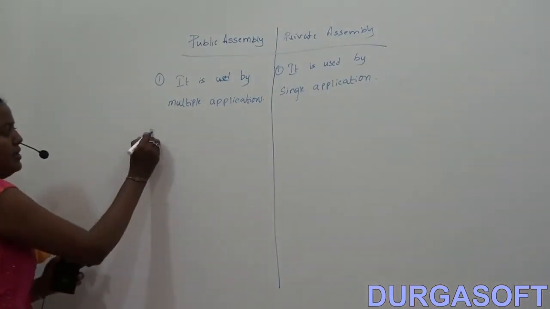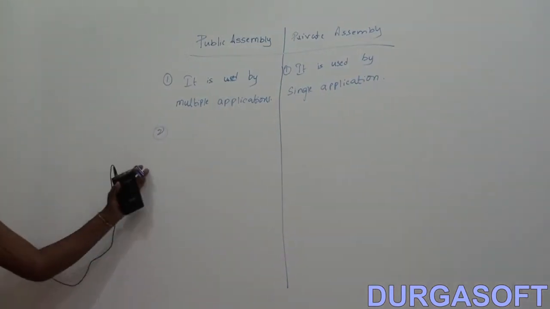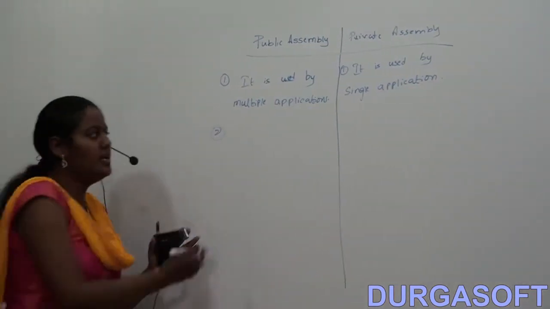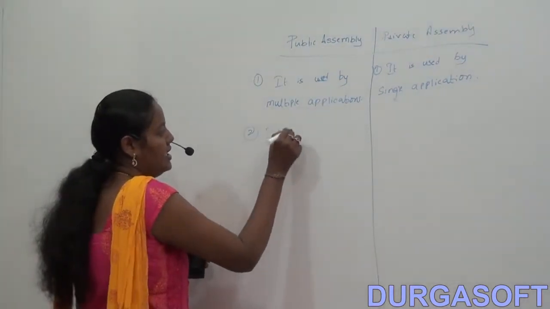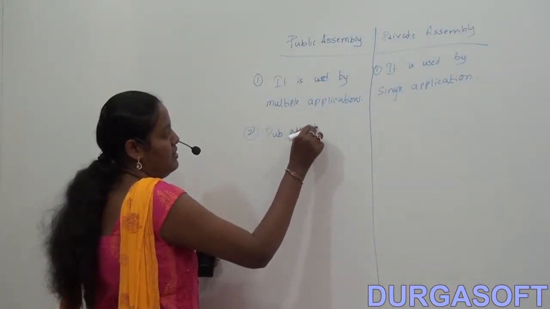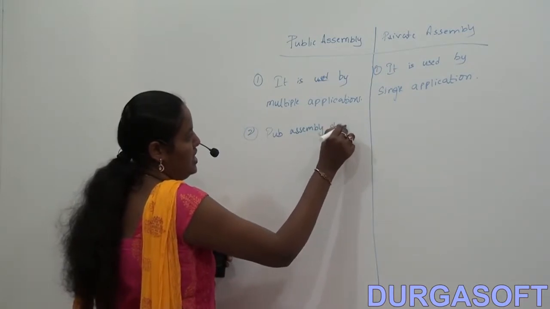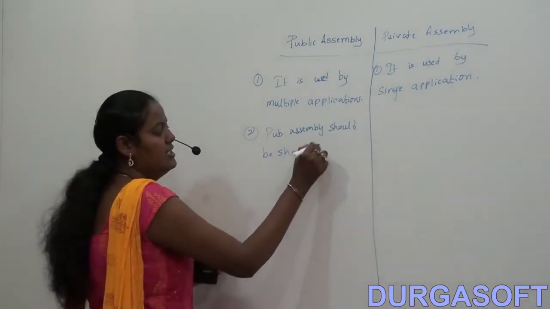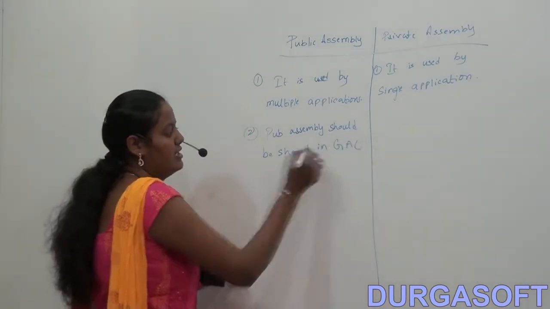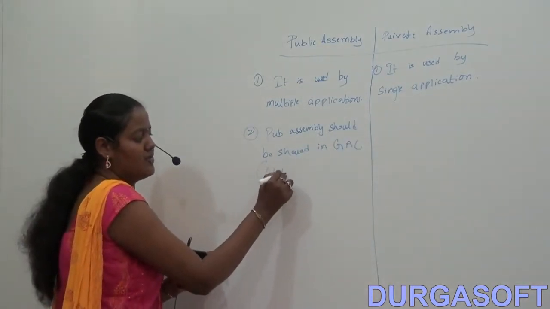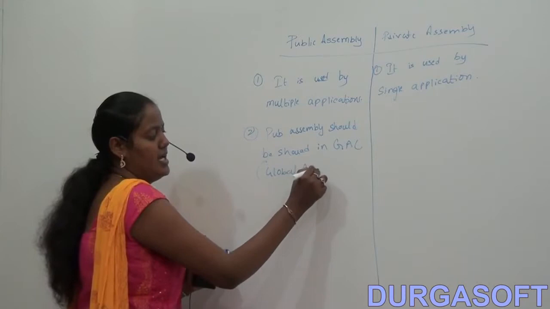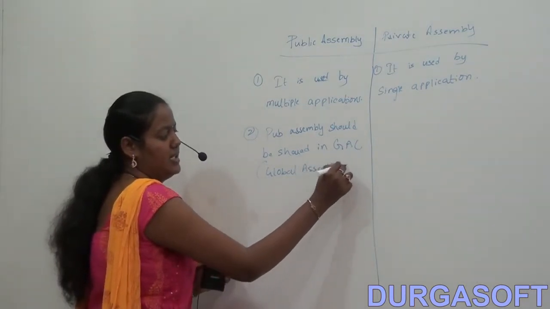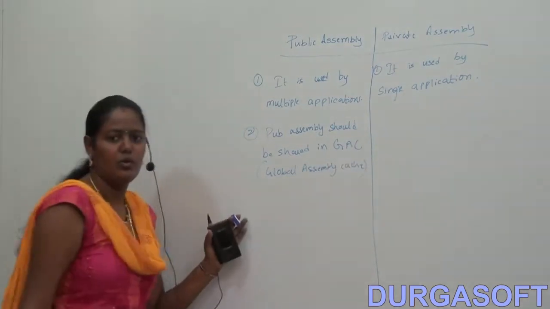And coming to the public assembly, these should be shared in GAC. That is, GAC stands for Global Assembly Cache.